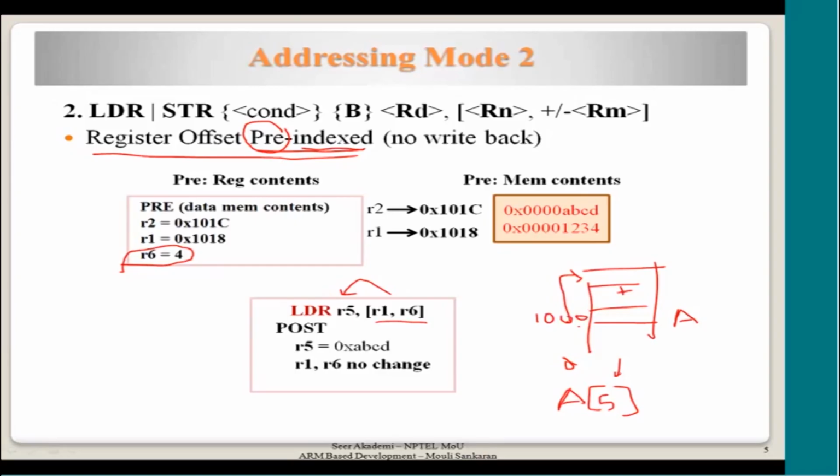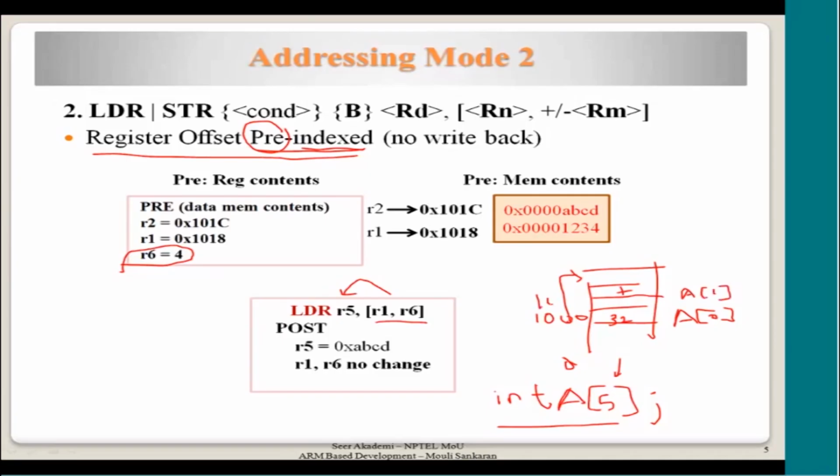Suppose this is type int in a 32-bit processor. That means each element of this array occupies 32 bits. So A of 0 will be at 1000. A of 1 will be at 1004.